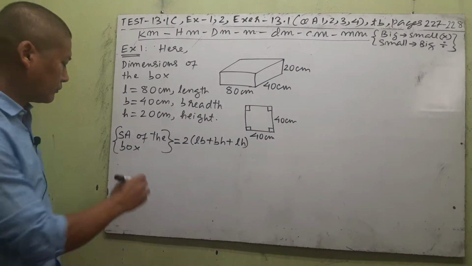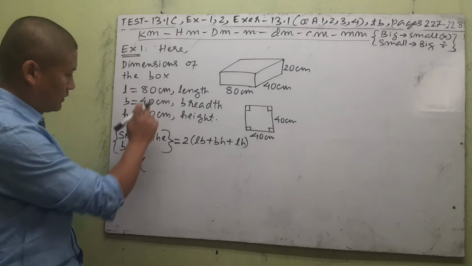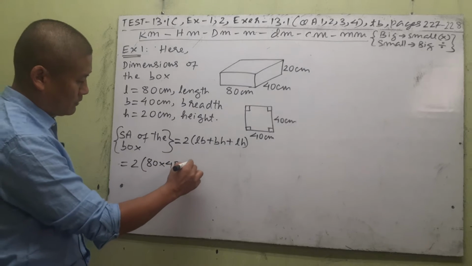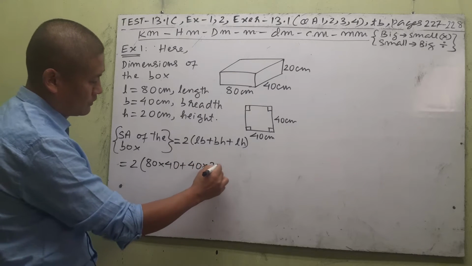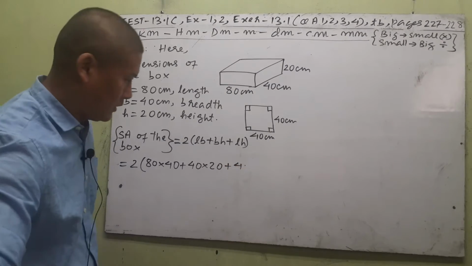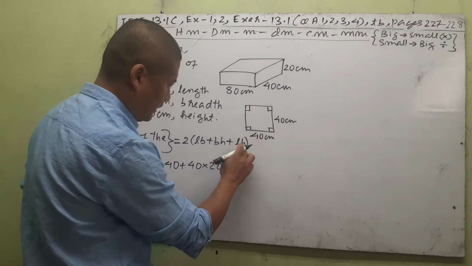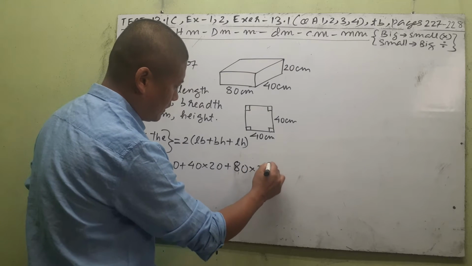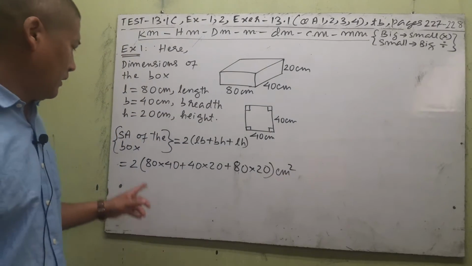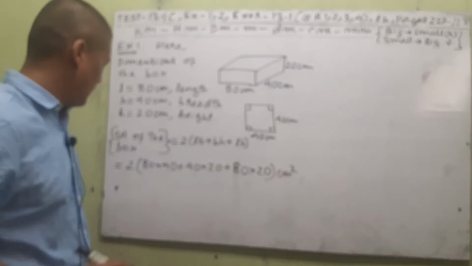Replacing the right values in the right places: length is 80 and breadth is 40, plus breadth is 40 into height is 20, plus length is 80 into height is 20, and we put centimeter square once. That's enough to indicate its area. Area means centimeter square, 2-dimensional.